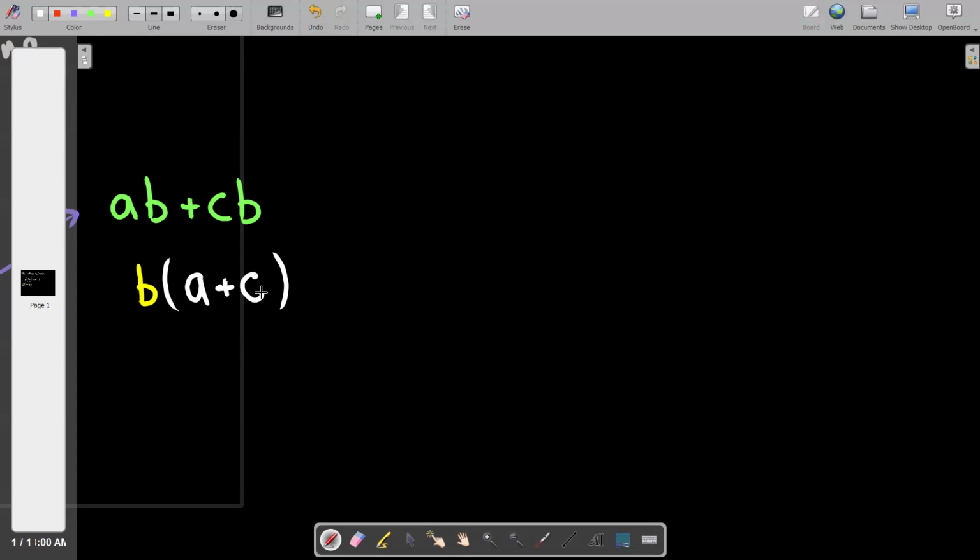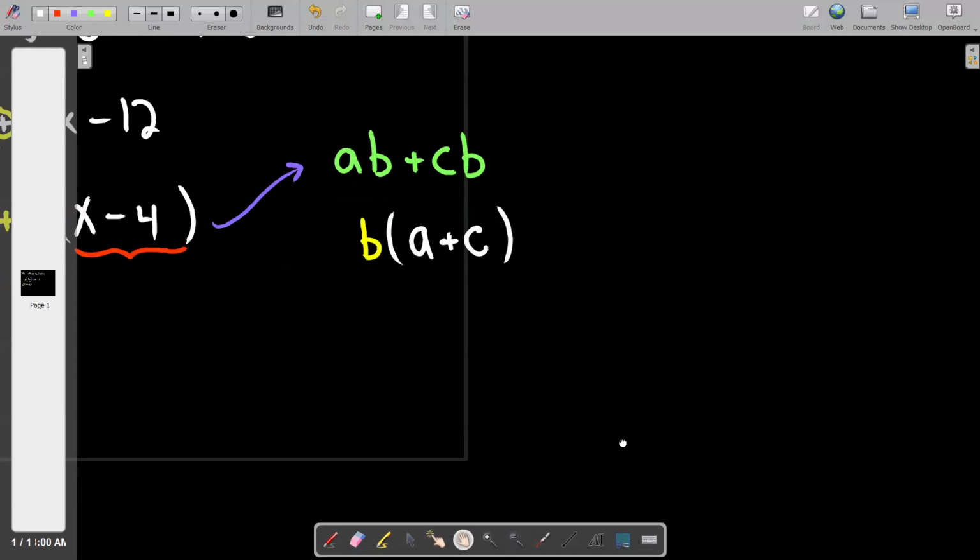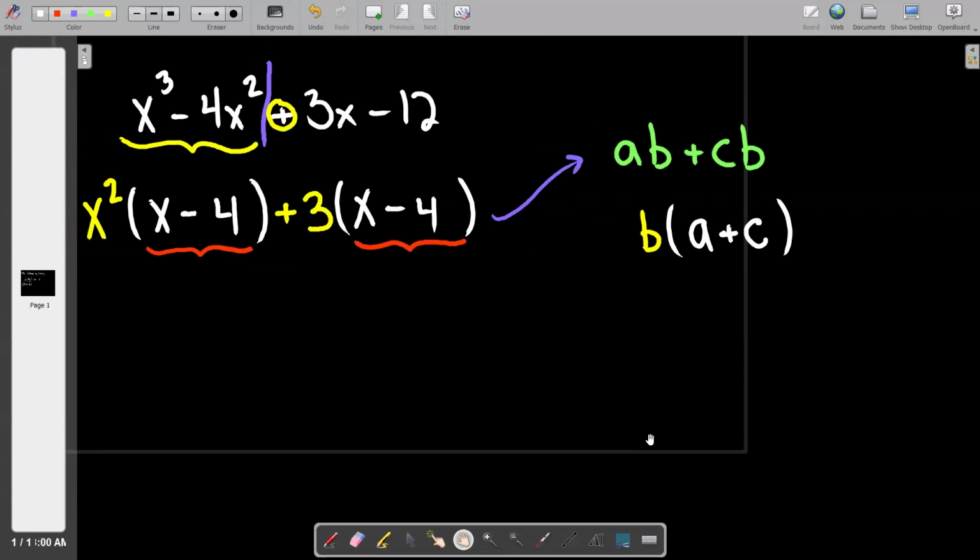You agree? Having said that, I'm going to scroll the screen back over now, and I want you to see that what I just wrote over here off to the right, the situation matches the situation on the left. And I'll color code it for you. Like you see these things I underlined in red, how they were the same? Well, that's the same as these. You see how they're the same, right?